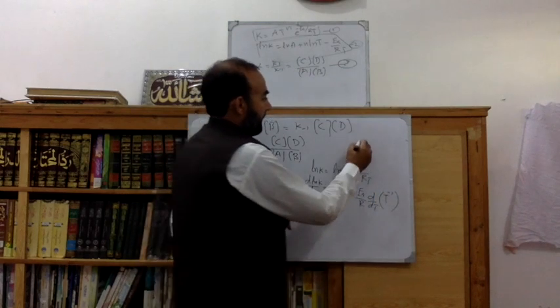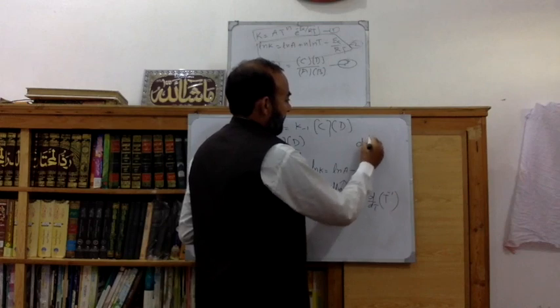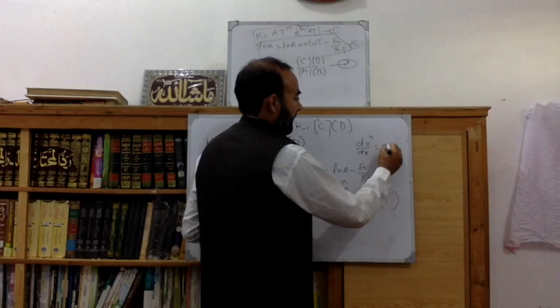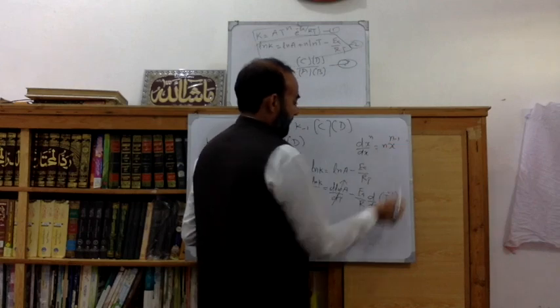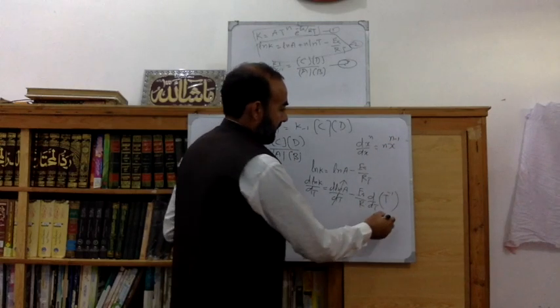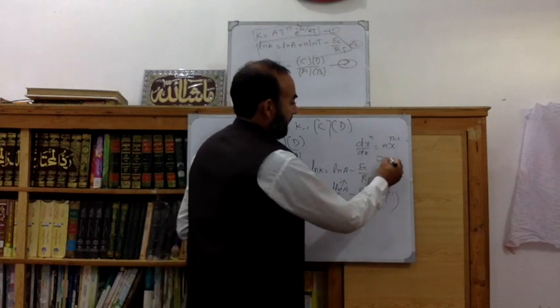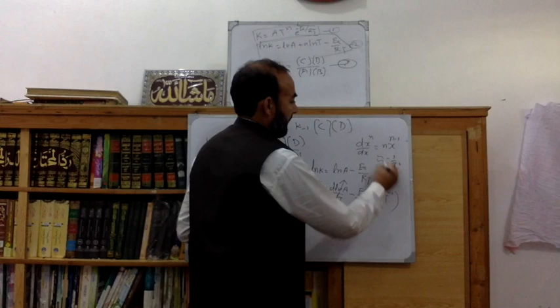You already know the general formula that d(x^n)/dx equals n x^(n-1). From applying this formula we get minus 1 over T squared.